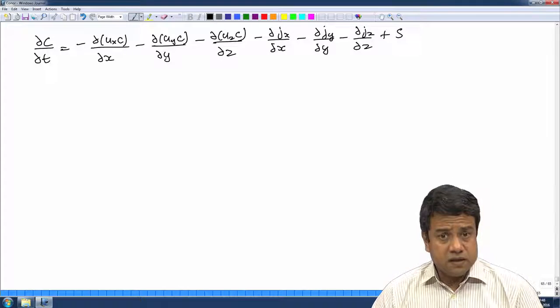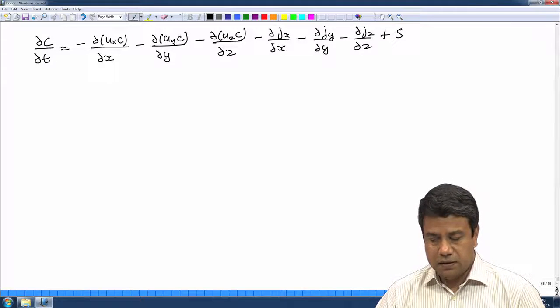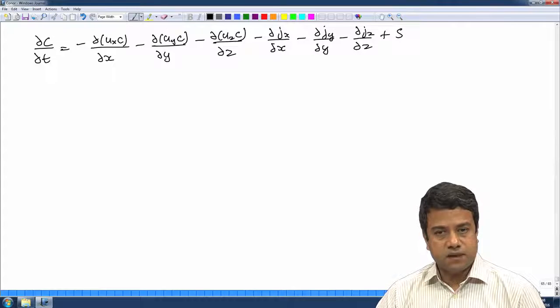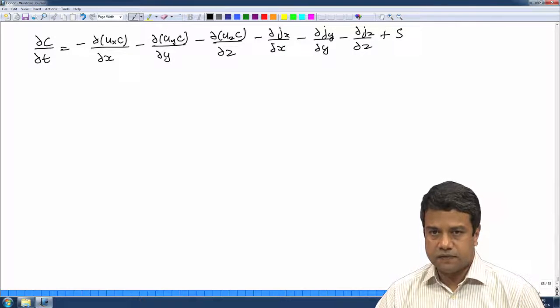And it is conventional to write the convective terms on the left side of the equation and the diffusive terms on the right side.